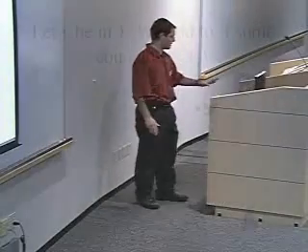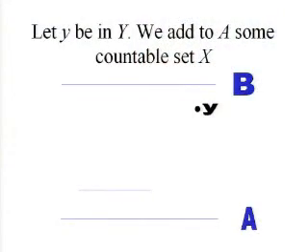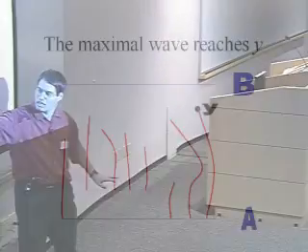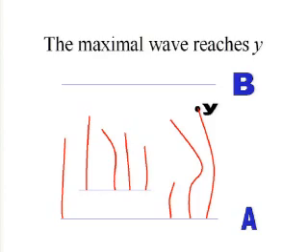Now I will give you some taste of why this lemma is true. So we have this y from big Y. We choose in some way, which I will not describe, some countable set. And we take a quotient over this countable set.